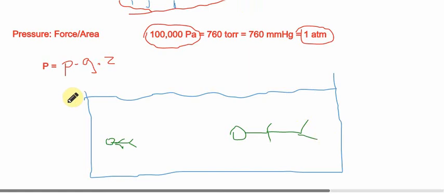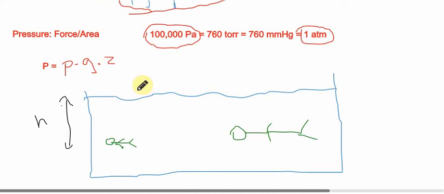Now let's suppose they're swimming at the same depth. Which one do you think is experiencing much more pressure? Many people will go with the larger adult, but the answer is that they're experiencing the same amount of pressure.